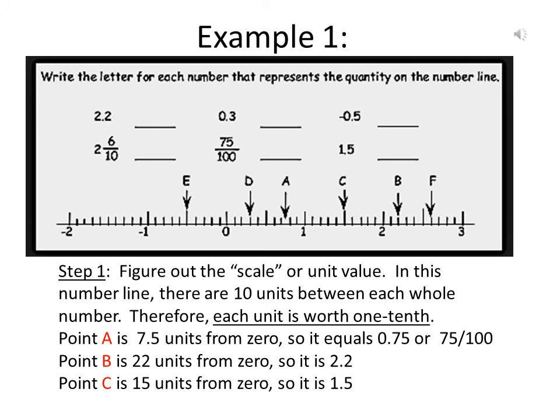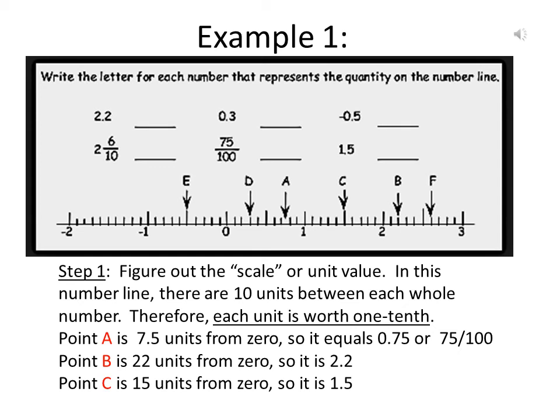Let's take a look at an example of a number line problem. In any number line problem, the first thing you must do is figure out the scale or the unit value. In this number line, there are 10 units between each whole number. Therefore, each unit is worth 1/10.